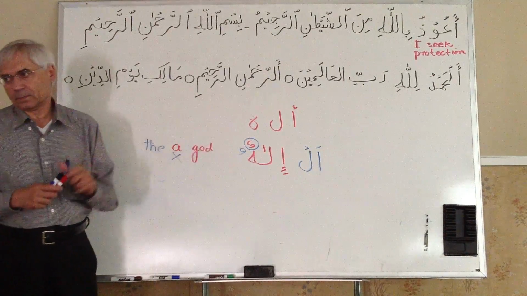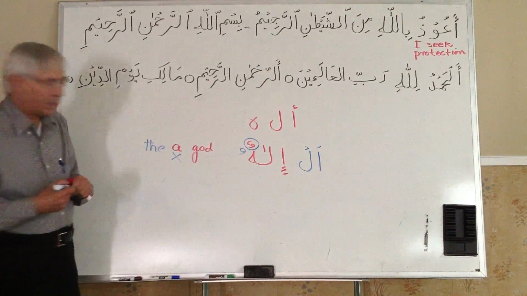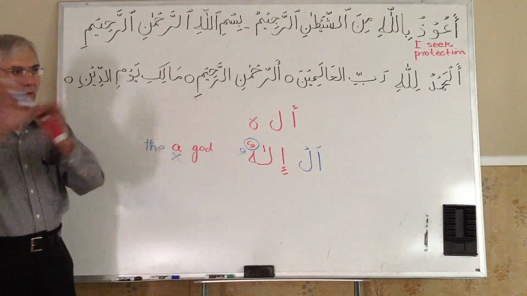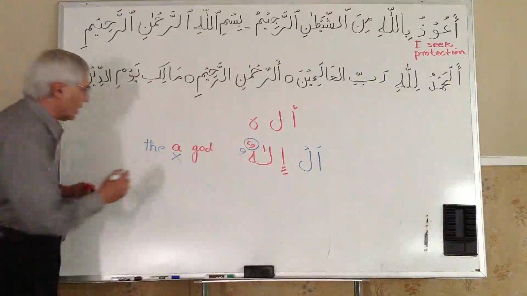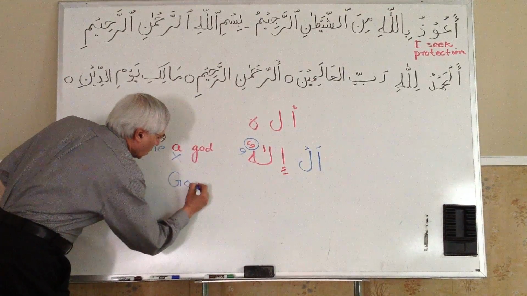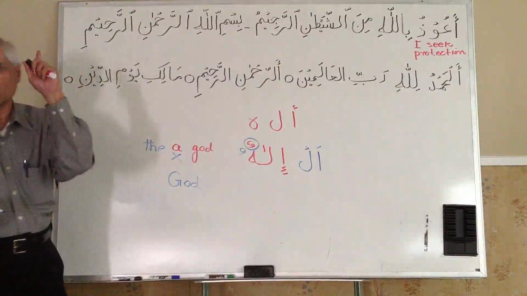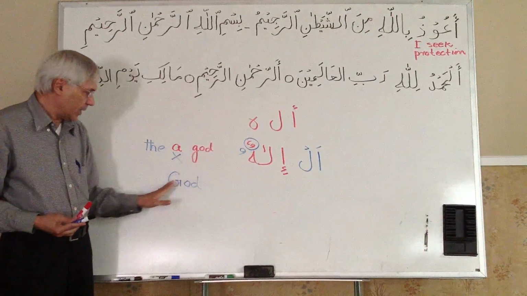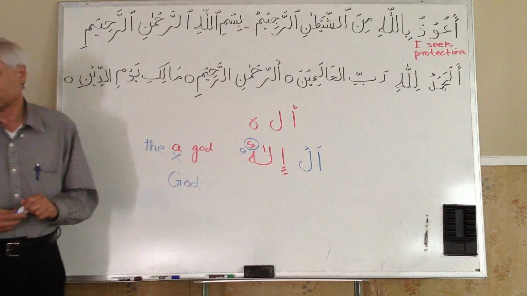The God. It's not any God, any idol or any worship or desire or anything. This is now God. The God. There is only one the God. So the God can be written with a capital G in English.